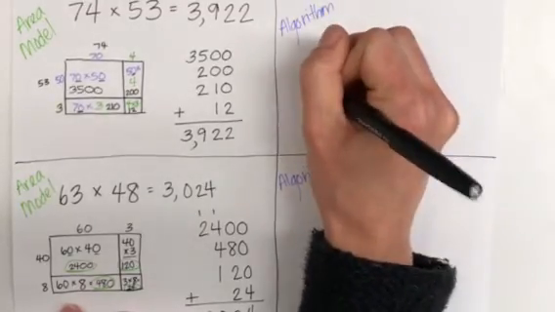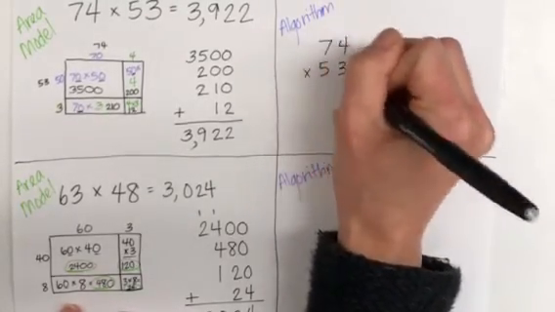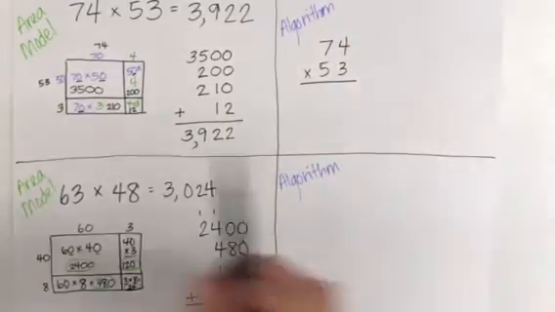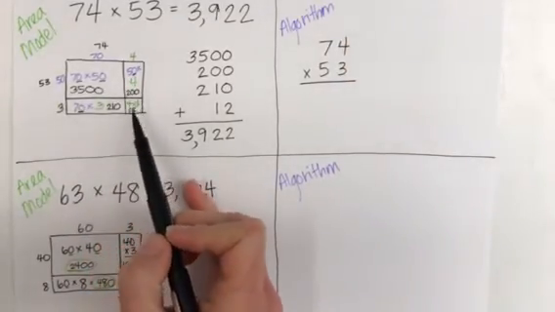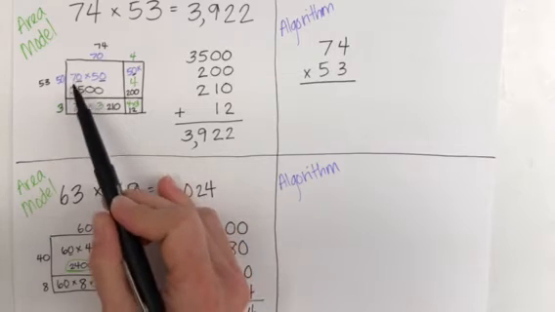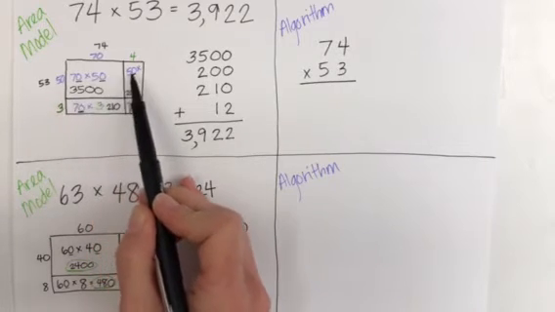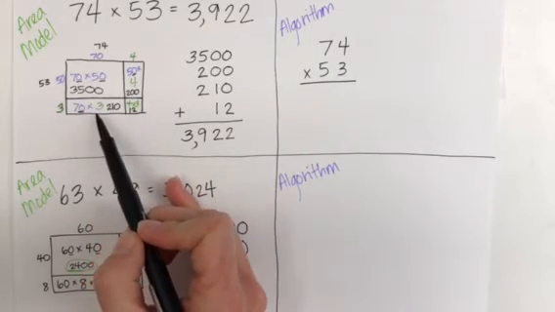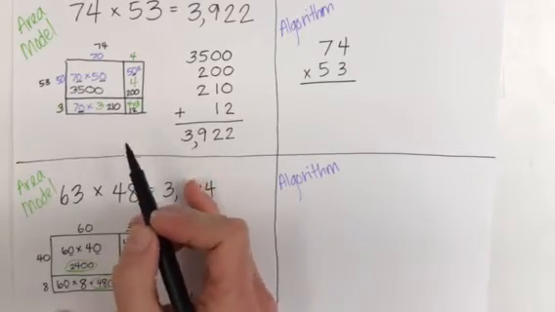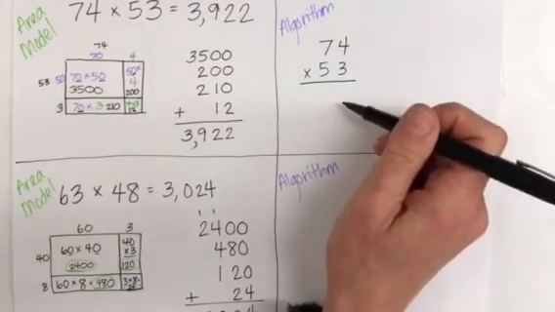74 times 53. Okay, now remember here, we did 70 times 50. We did 50 times 4, we did 70 times 3, and we did 4 times 3. So we're going to do that again over here.